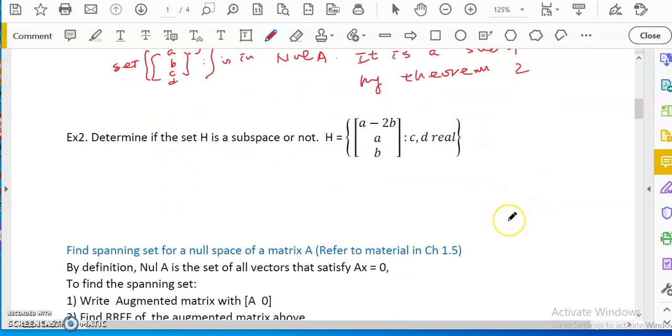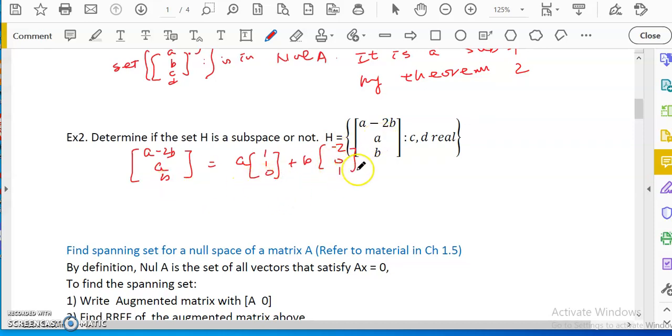Example 2: determine if this is a subspace or not. So let's see, can I write a matrix? This set is A minus 2B, and then A, and then B. Can I write this as a subspace? Well, I can write it as A times (1, 1, 0) plus B times (-2, 0, 1), right?